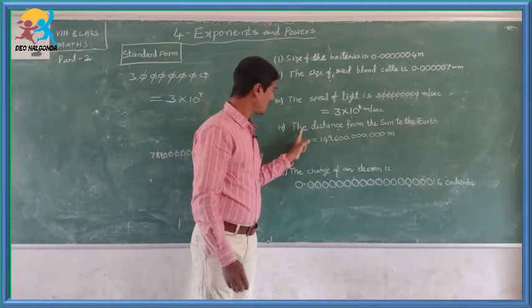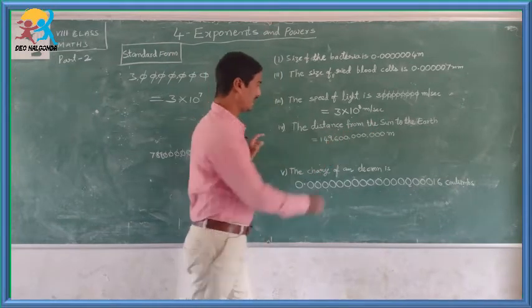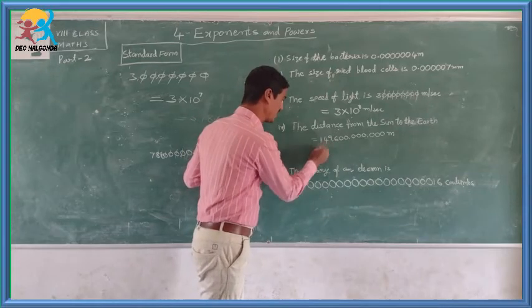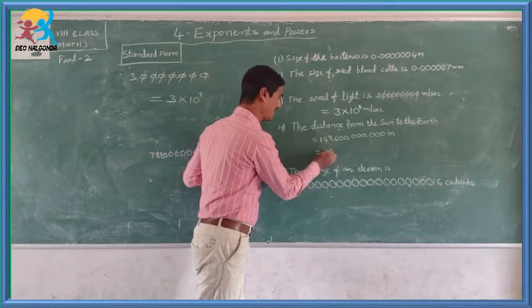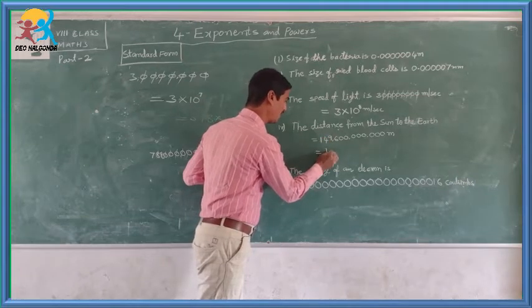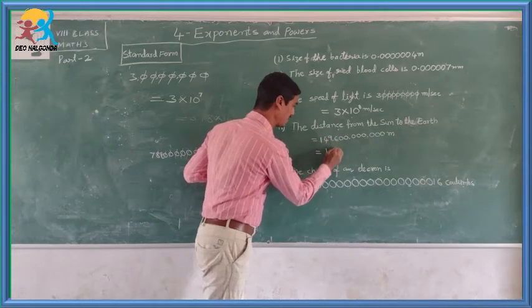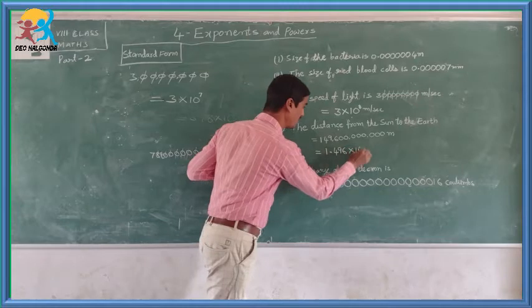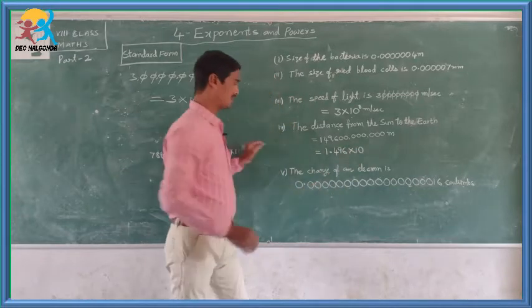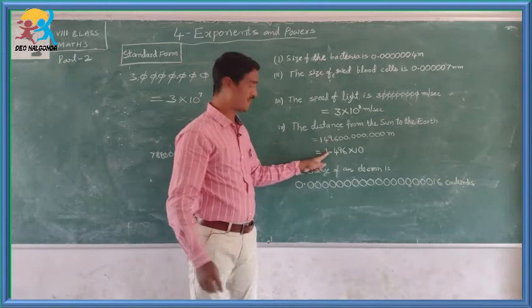Next, the distance from the sun to the earth is given. How to write this one? Very easily. You take one digit after the point, 1 point. What are the non-zero digits here? 496. 496 into 10 to the power of, how much should we write? You have to count 1 after the point.